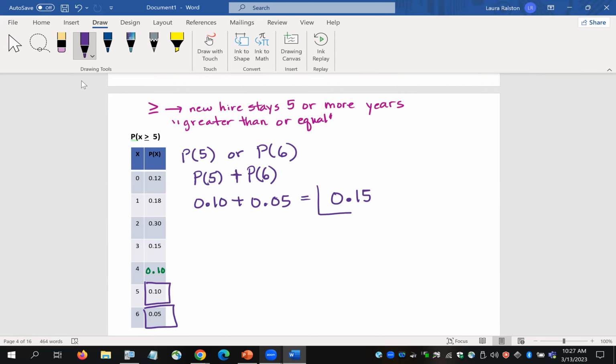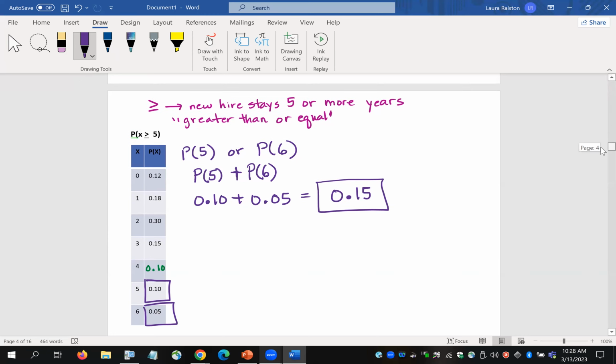So the probability that a new hire stays 5 or more years is 0.15 or about 15%. Again, don't try to overthink it, but pay attention to the symbols and the words and think through what it means.